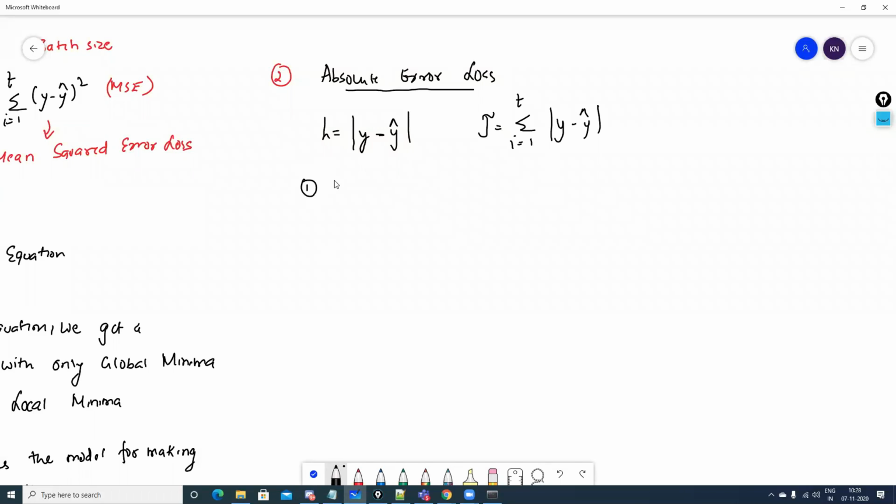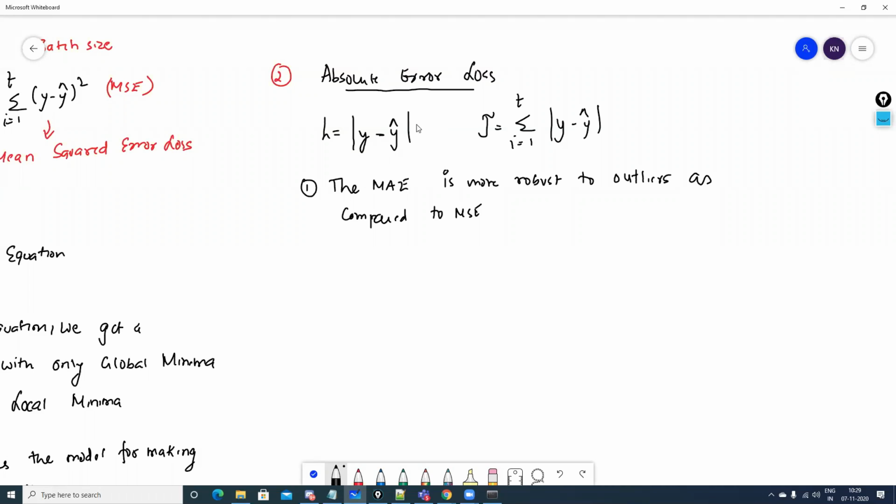The first advantage is that the MAE, the mean absolute error, is more robust to outliers as compared to MSE. This is the major advantage of using absolute error loss. Understand, even though we have an outlier, we are trying to find a difference, but we are not penalizing it excessively. Even though there is an outlier, it works in a similar way for all the points.